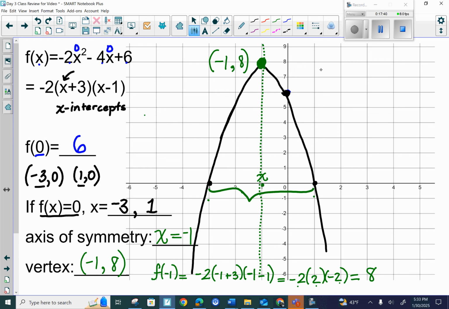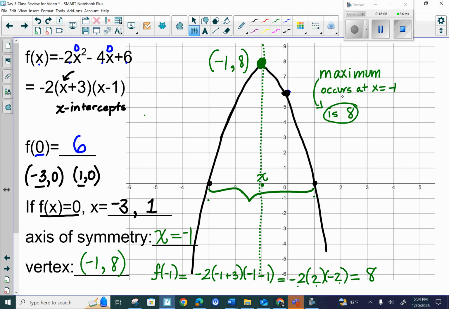That is a maximum because it's at the top. The maximum occurs at x equals -1, but the maximum actually is 8. We said it's a high value. The maximum is 8.